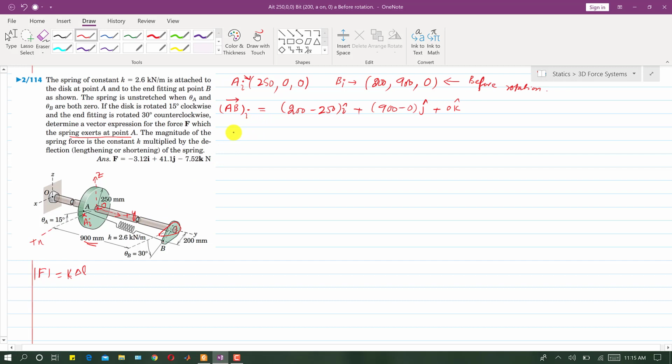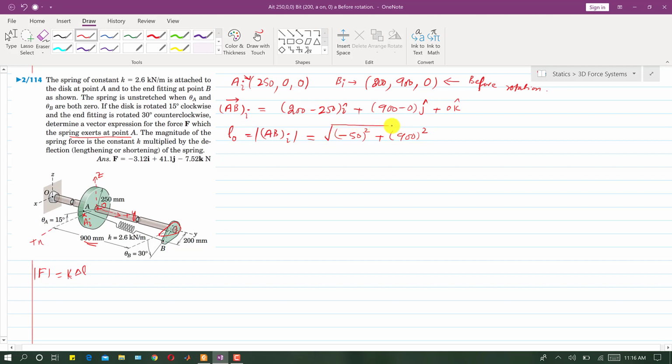So if we find the magnitude of this AB initial, that will be the original length of that spring. So let me write that the original length is equal to AB initial magnitude, right? That magnitude will be the square root of minus 50 whole square plus 900 whole square.